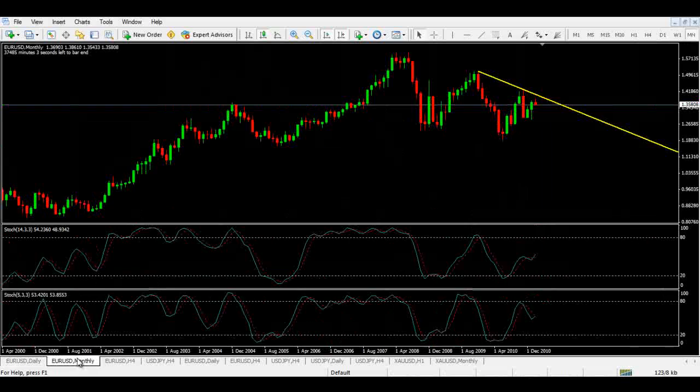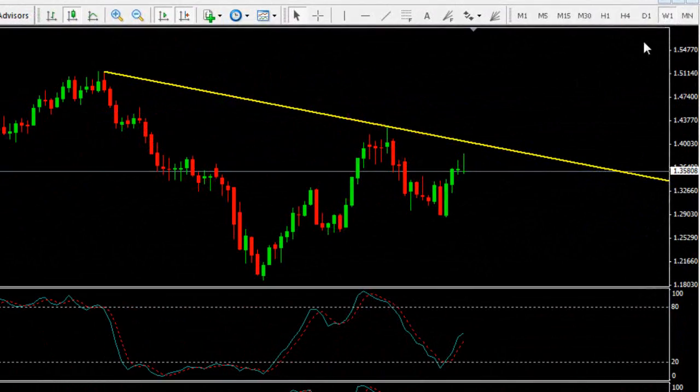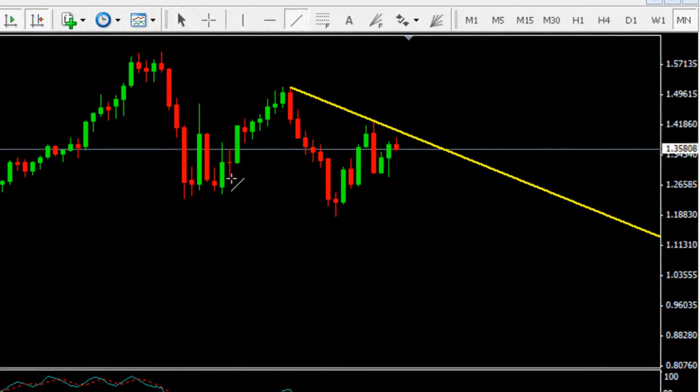Now, at macro level, we are familiar with this weekly trend line which we drew previously on our blog post, where you can check our previous videos for this trend line. And now, for the forthcoming week, we are going to draw a parallel trend line in the monthly chart connecting these two lows to form a channel.